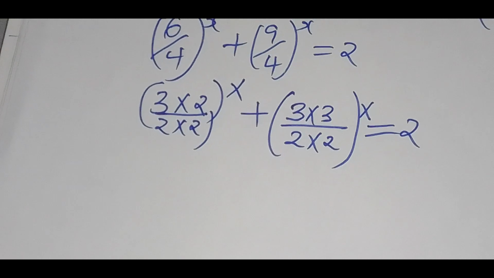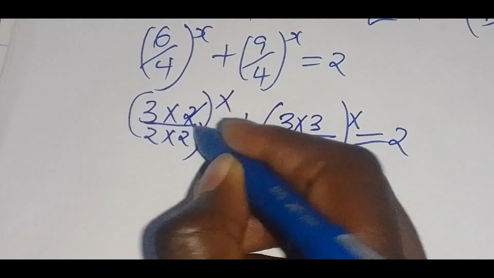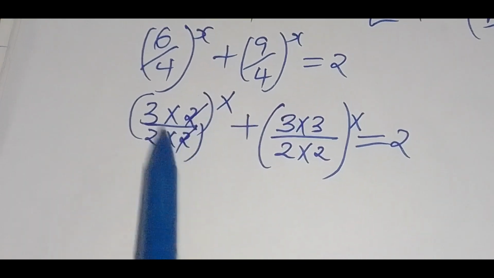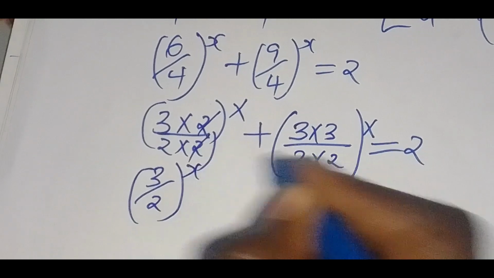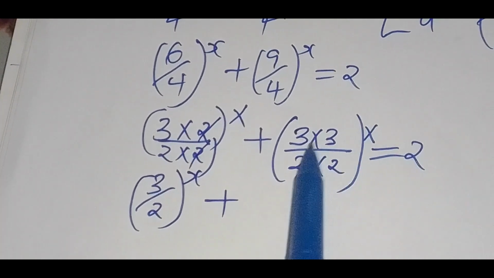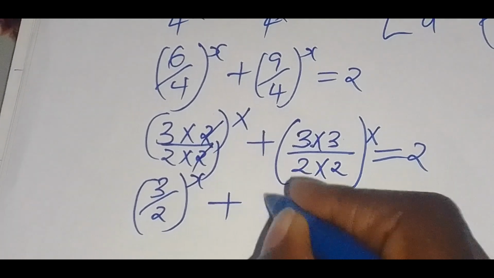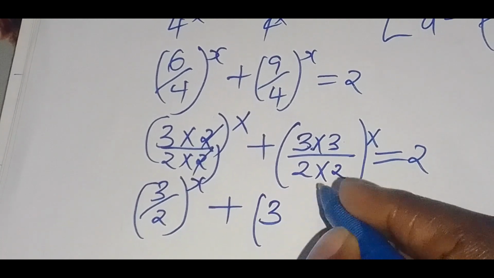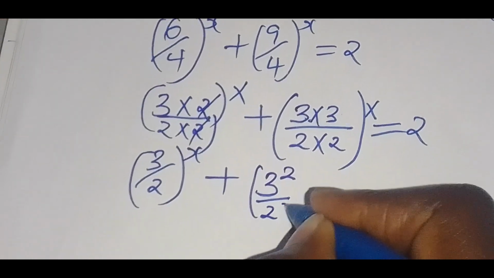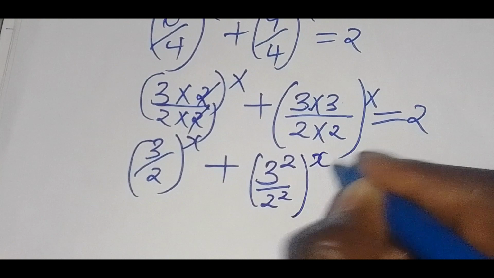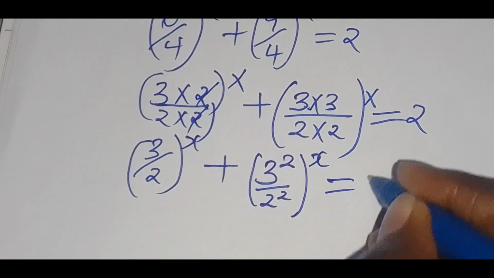Alright, so we simplify, 2 divided by 2, so that we'll remain with 3 over 2 raised to the power x plus, now this is 3 squared divided by 2 squared raised to the power x, and this is equal to 2.